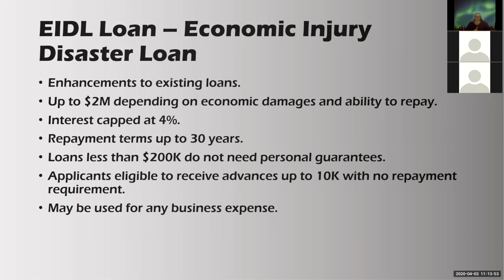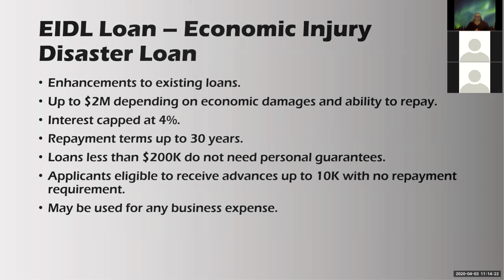Whereas with this one, the only forgiveness amount is capped at 10,000, where the other one is capped at your payroll. So depending on how many employees you have and how many you're trying to maintain will depend on which of these loans you want to do. You have to really evaluate it before taking out the loan.